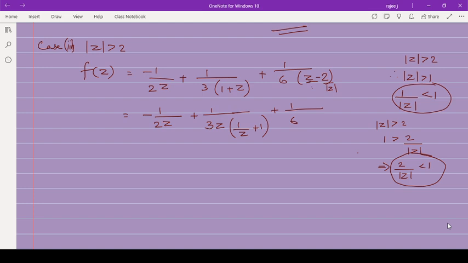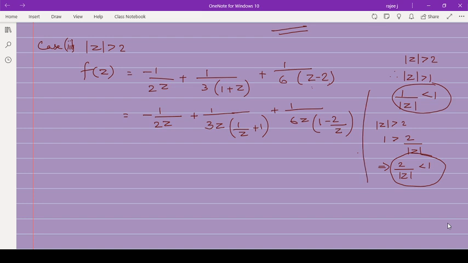So here, it is 6 into, we will take z common again, z into 1 minus 2 by z. Just multiply and see, you are getting the same thing again.